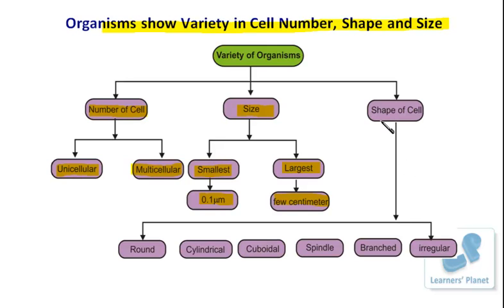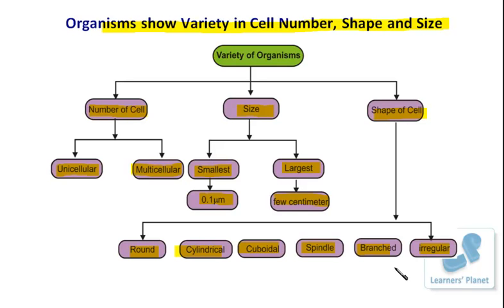Next thing is the shape of the cell. The shape of the cell can be round, cylindrical or cuboidal, spindle shaped, branched, or it may be irregular in different cells. And all such shapes are related to the function of that particular cell. See, the size or the shape of the cell is never related to the size or the shape of an organism. It is never so.